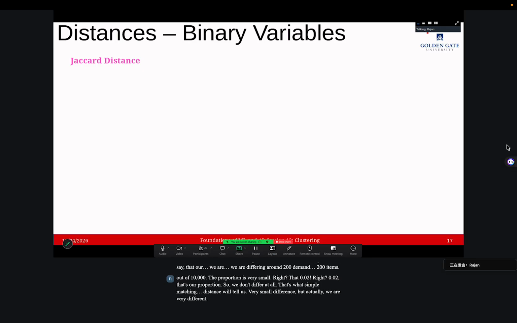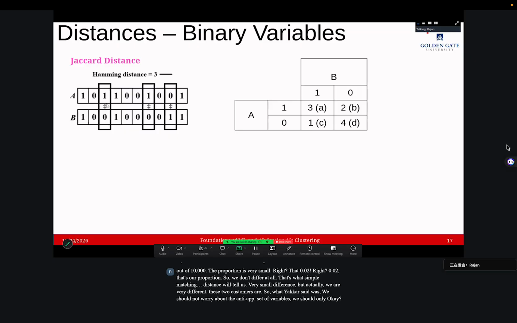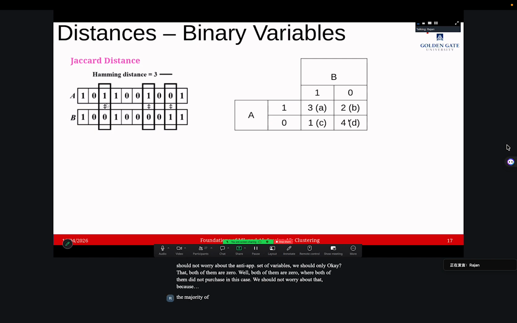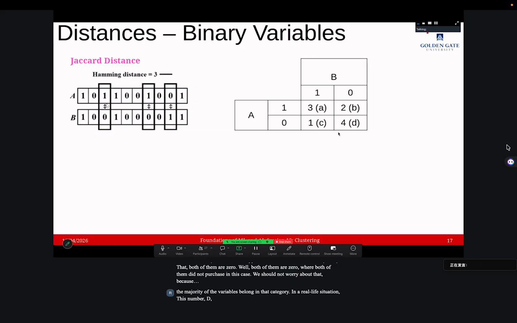These two customers are. So what Jaccard said was, we should not worry about the entire set of variables. We should not worry about where both of them are zero, where both of them did not purchase, because the majority of the variables belong in that category. In a real life situation, this number D will overwhelm everything else.